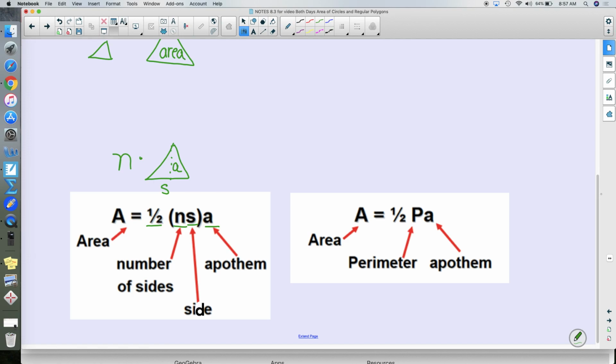Another formula that shortcuts that, and we will need both for calculation flexibility, is that number of sides times side length for any polygon that's regular is perimeter. So this formula can be rewritten as 1/2 perimeter times that apothem.